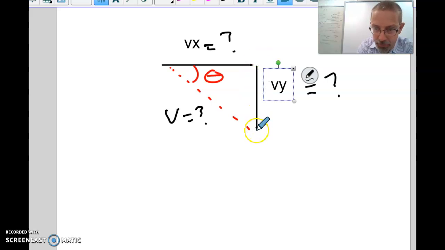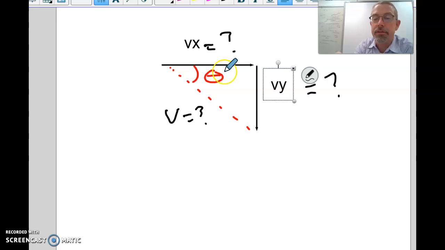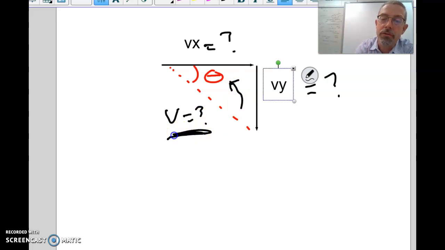What is my velocity in the y direction? a squared plus b squared equals c squared. If I wanted to find the angle at which this projectile is going at any given point, I'm going to need a little bit of trigonometry. I could take the inverse tangent, the opposite over the adjacent, and that would give me my angle. And that's going to be part of it, because vectors incorporate not just magnitude, but also direction.